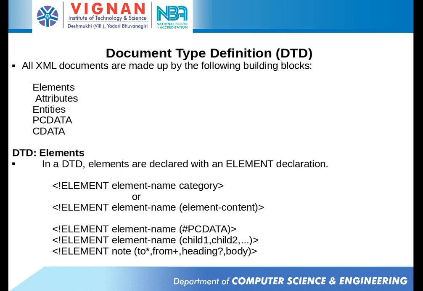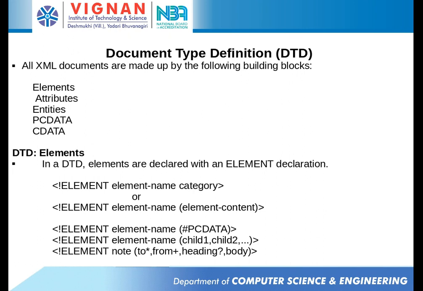Coming to defining structural rules, the major building blocks of an XML document are elements, attributes, entities, and the type of data, that is parsable character data or character data. First we will see how elements are specified using DTD.